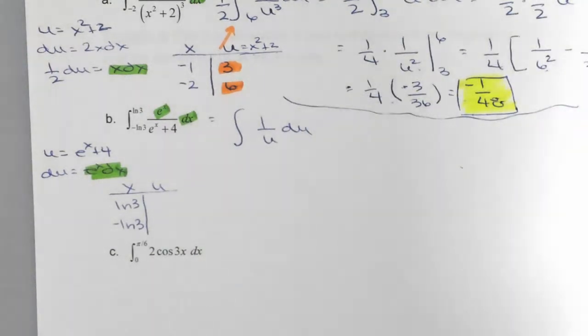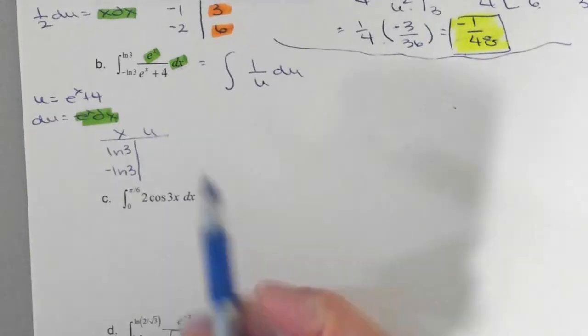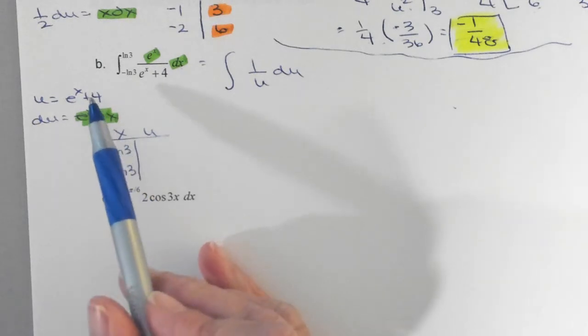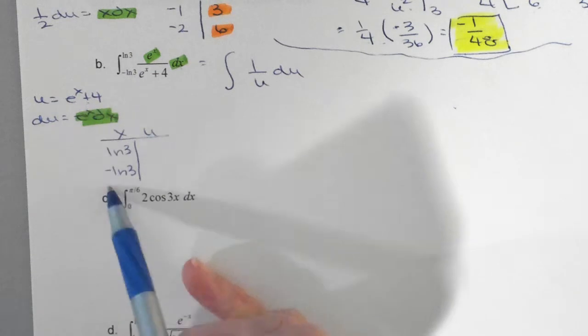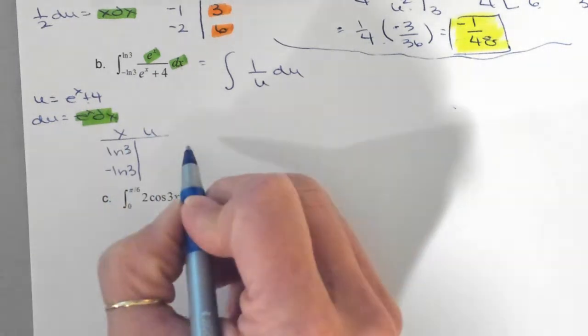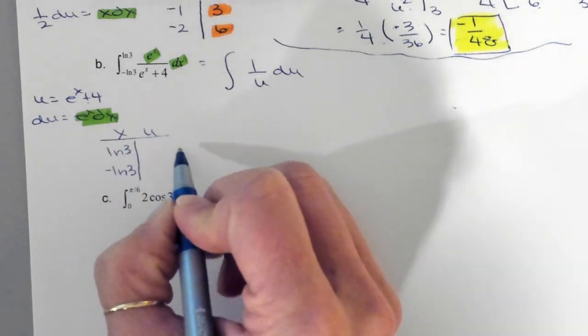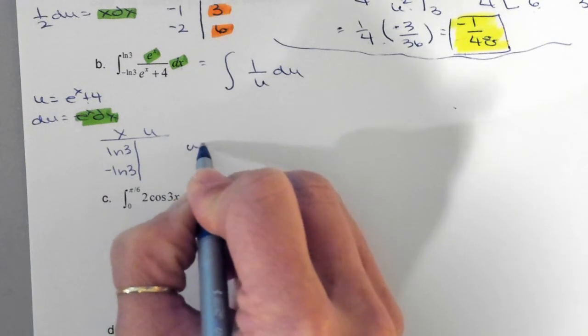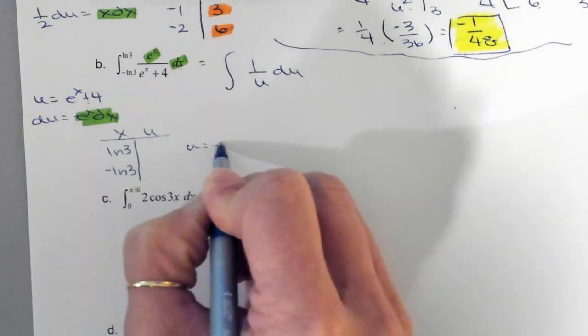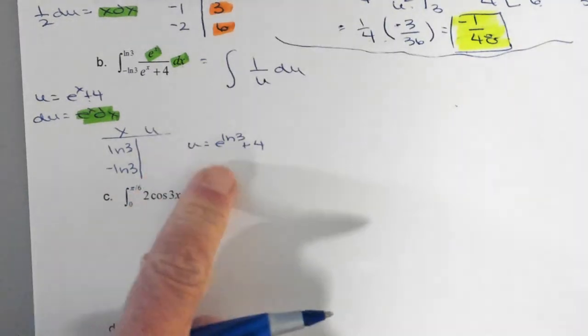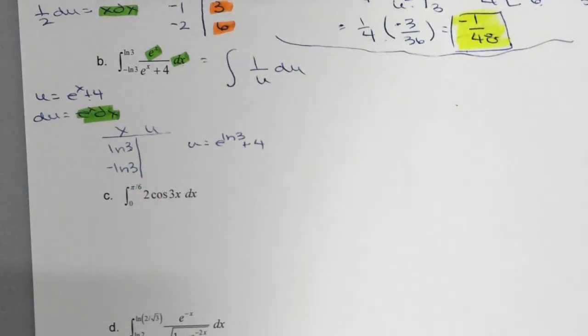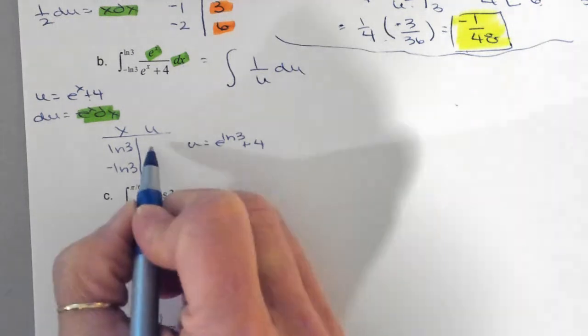Now I need my bounds, so we're going to plug this into this. True? I'm going to write this out so that you can see it. So u is equal to e to the natural log of 3 plus 4. We did a problem similar to this the other day. Yeah, the answer is 7. Nice.